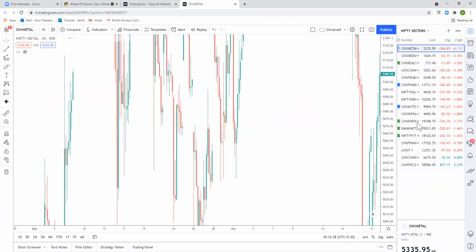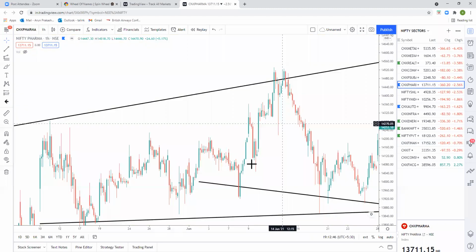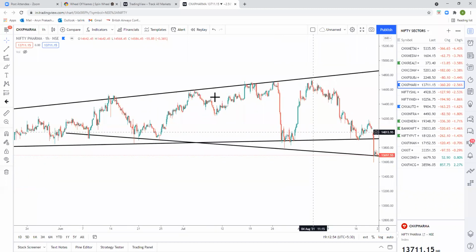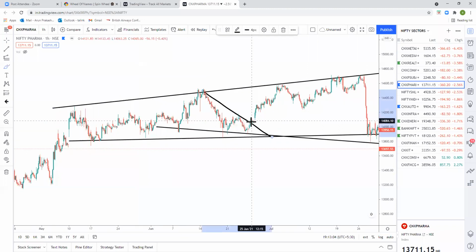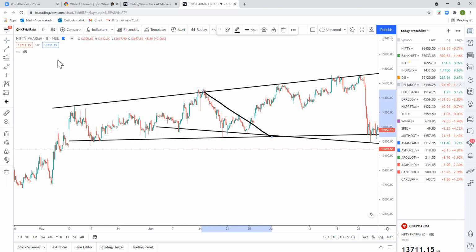Before taking an entry into, let's take Dr. Reddy, Pharma was also trading at some support during that trade which we did in Dr. Reddy. That gives you additional confidence and confluence, as this was the pattern even in pharma. So it was around 24th, 25th June, right? So I'll go ahead and show you Dr. Reddy.